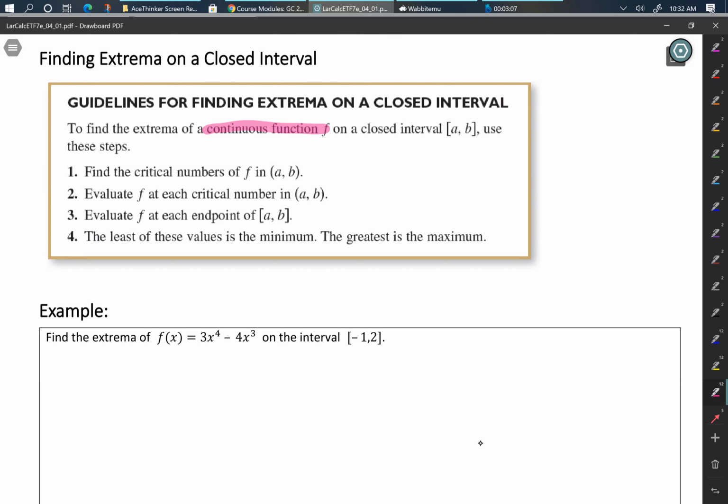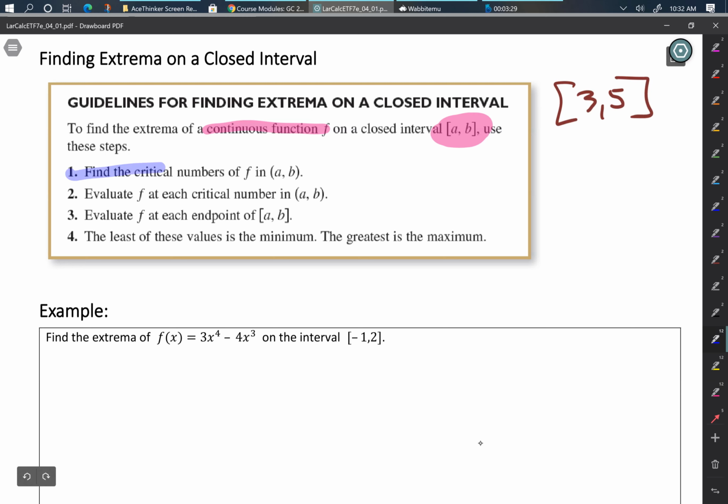So if your function is continuous on a closed interval, from somewhere to somewhere, endpoints included, something like on the interval 3 to 5, where it has to start somewhere, stop somewhere, and contain all the points in between. Here are the steps we're going to do.